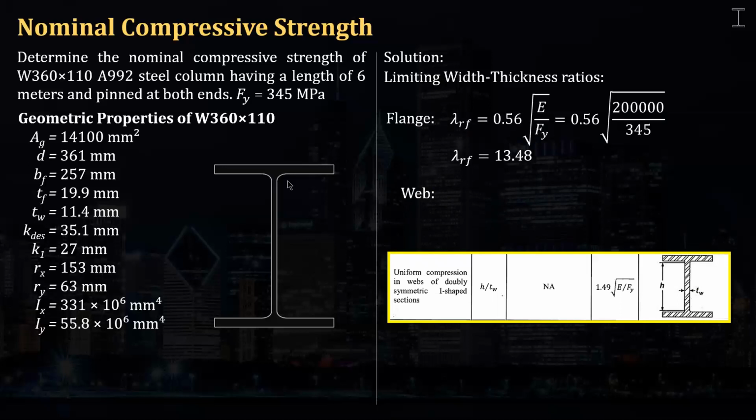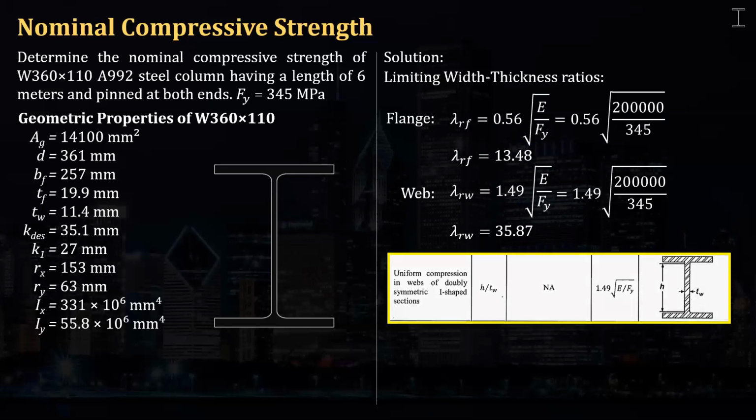That means its width over thickness ratio is too large. If so, it would be subject to local buckling before it fails in general buckling. Evaluating 1.49 square root of E over Fy, we get 35.87.